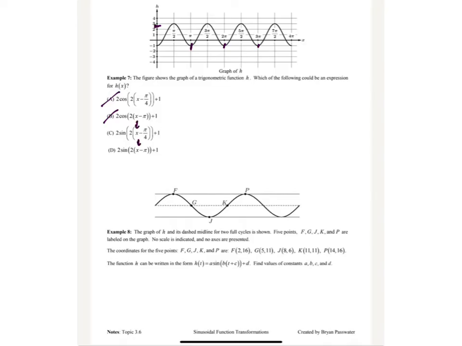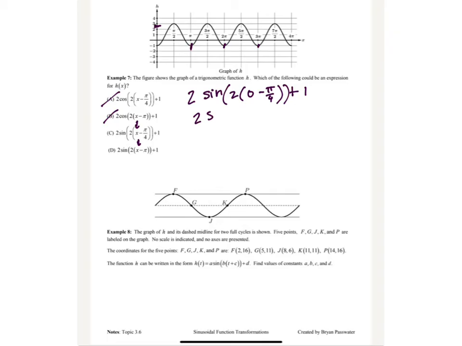Okay, so I'm going to start with the top one, letter C. 2 sine of 2 times 0 minus pi over 4 plus 1. So I'm plugging in 0 for x. Not everything cancels. I'm plugging in 0 for x.